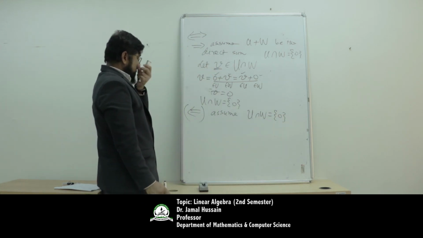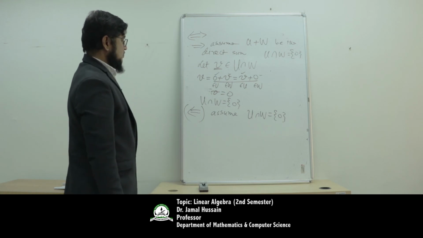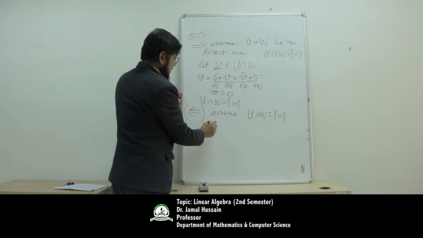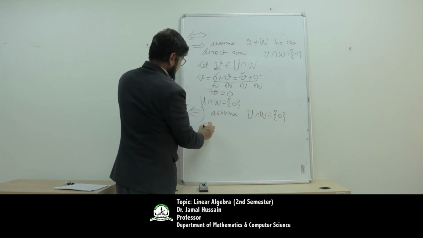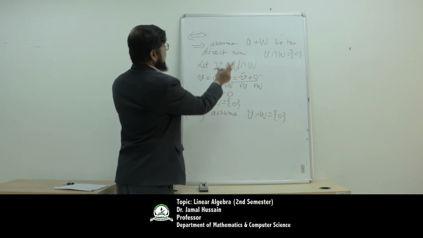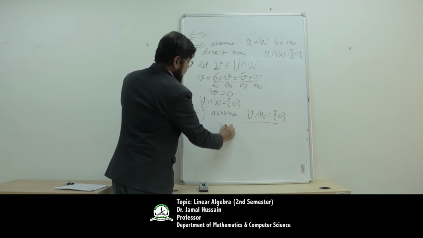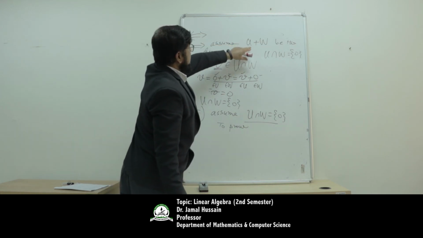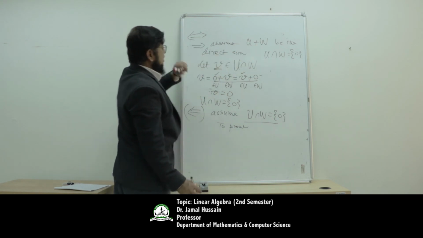This will assume it contains only these two vectors. So now we have to show what we have to prove. We are assuming this, but to prove what? To prove that the elements here can be expressed as a sum of elements uniquely.